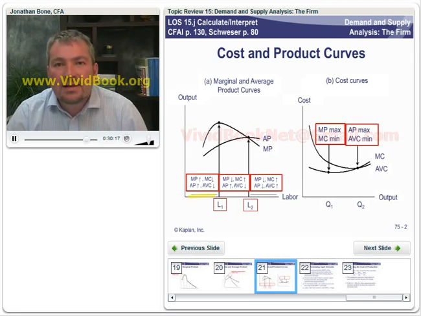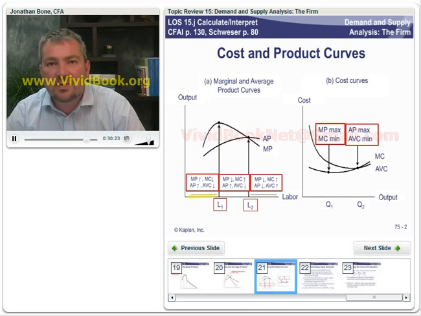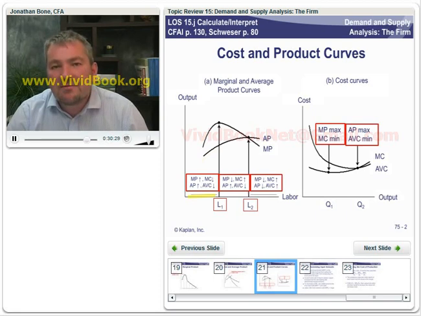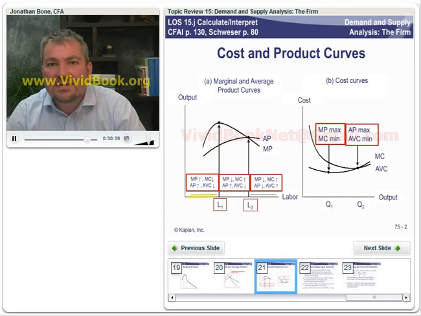Notice the key thing to notice is the marginal product is above the average product. Okay, so notice here's our marginal product in this area, here's our average product. So our marginal product is above the average product. So if we employ more workers, essentially the average product will increase. And you can notice, therefore, that the average product curve is increasing.